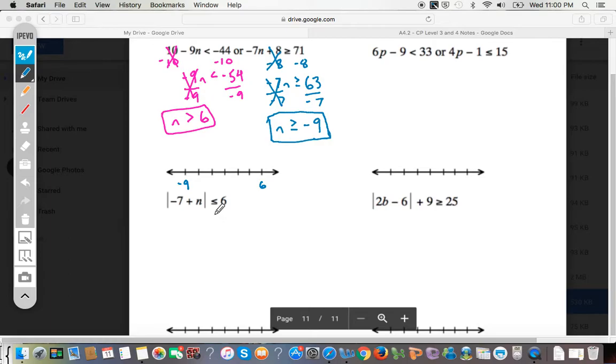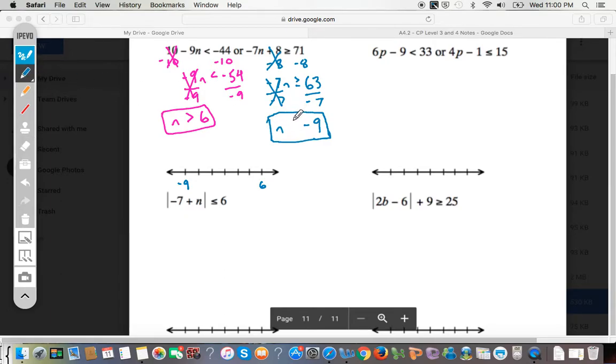Actually, before we actually do that, I made a little mistake here. So hopefully you caught it. We divided by a negative 7 right here. So we had negative 7n is greater than or equal to 63, divided by negative 7. So again, I have n, and we have negative 9 here, but I forgot to flip my sign.